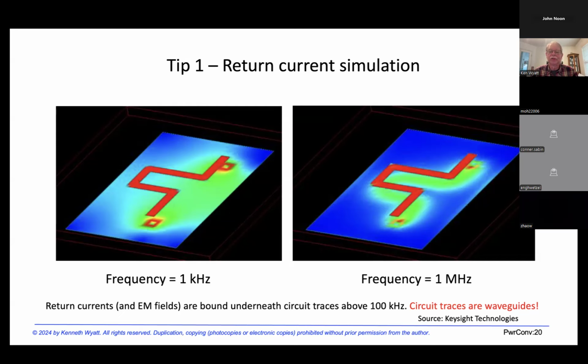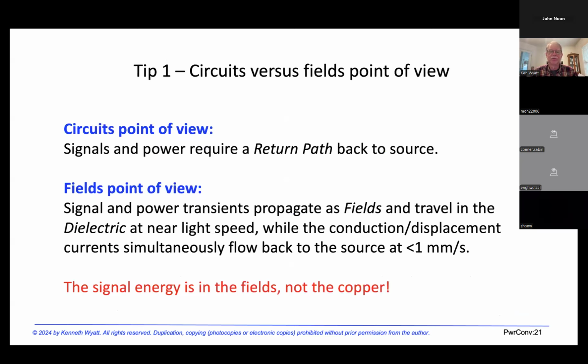Anything over 100 kilohertz, the return path is going to be right under the trace. You can capitalize on that physics by partitioning, basically separating noisy parts from quiet parts of your circuit. So circuit traces are actually waveguides. Keep that in mind as we go through the points here.